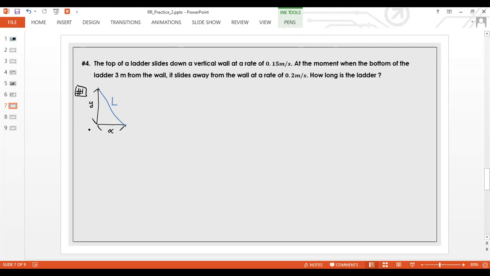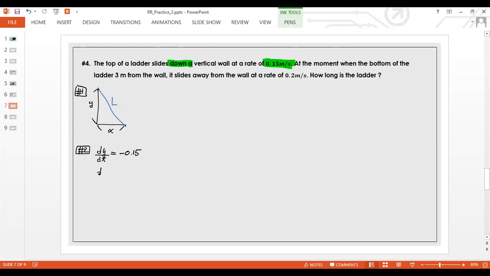Okay, now let's do the same thing here. Put all the information down to see what is given and what is not given. So this is the first one here. Say the ladder is sliding down a vertical wall at 0.15 meters per second. What does that mean? That means the dy/dt, because it's going down, is negative, so it's negative 0.15, okay?